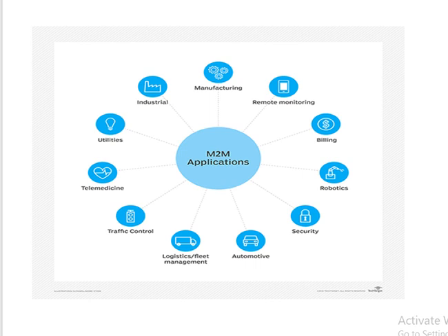M2M solutions are now also increasingly being used in home care. These technologies transmit data from measuring devices on the patient, for example, and thus help with patient monitoring from a distance. The data is usually transmitted via the internet. For this purpose, the medical devices can be connected by cable, for example, or they can be equipped with M2M SIM cards that enable wireless data transmission.